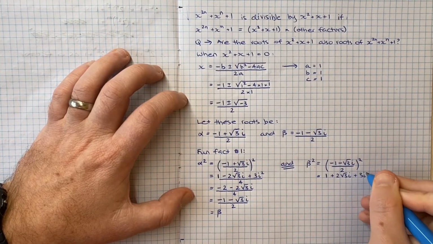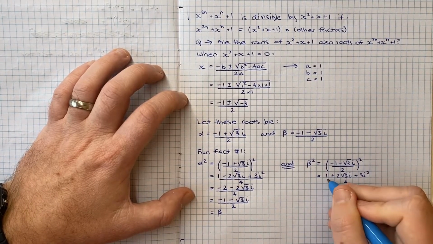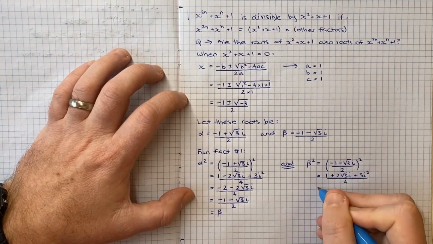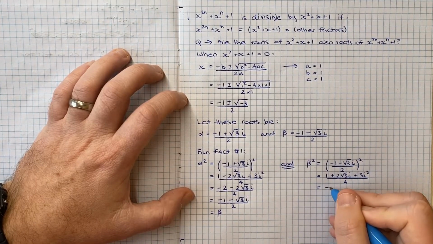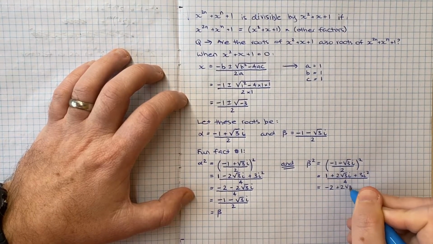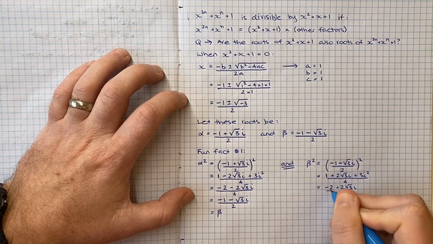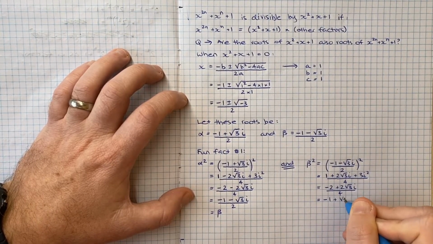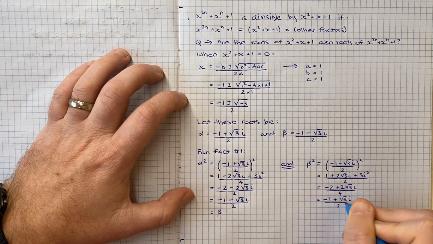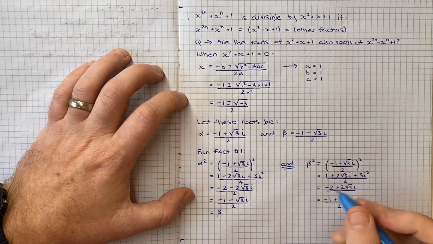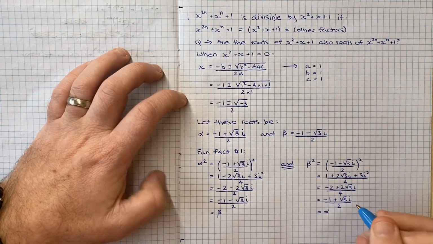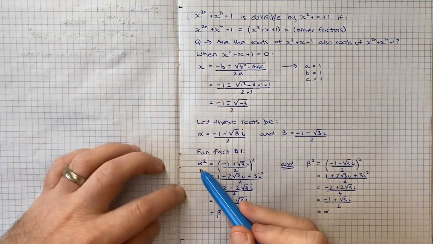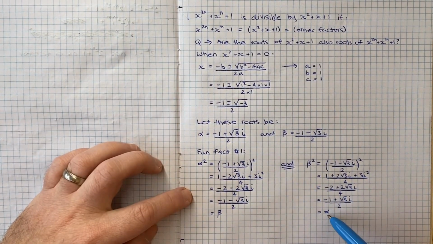Plus 3i squared on 4, and again 1 minus 3 would be -2 plus 2 root 3i on 4, divide top and bottom by 2, so we get -1 plus root 3i on 2, and that unsurprisingly is alpha. So our first fun fact is that alpha squared is beta and beta squared is alpha.